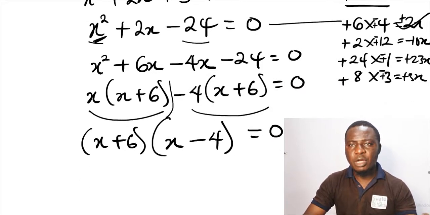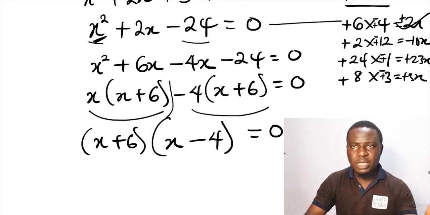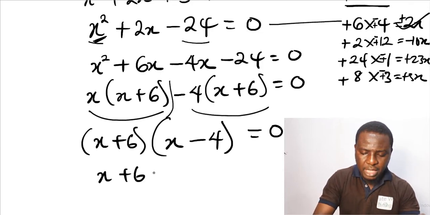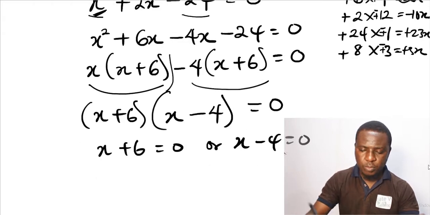Now, in algebra, when you multiply two terms together to give you 0, it is either one of them is equal to 0, because it is only when you multiply a number by 0 that returns 0 as the answer. That means that it is either x plus 6 is equal to 0 or x minus 4 is equal to 0.